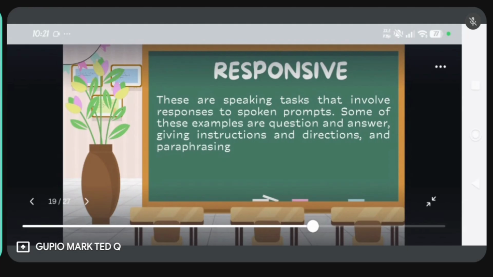This makes responsive tasks suitable for beginner and intermediate learners. Additionally, they are useful in classroom settings where time is limited. It is also a way for teachers to develop the capacity of learners. Next, please.